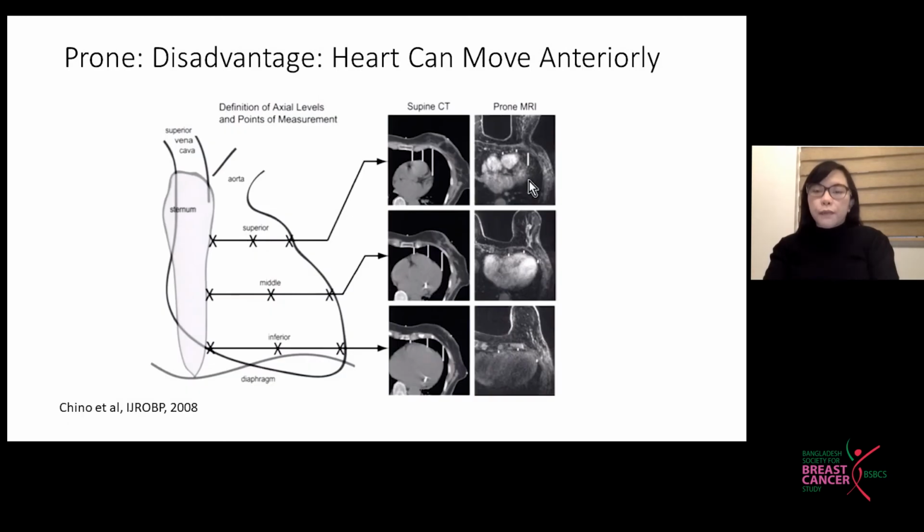And as mentioned, in select women, the heart can actually move anteriorly. This is a supine CT scan, which shows that the heart is not up against the chest wall for this particular patient, but when she was positioned prone, her chest actually falls forward. So there are patients for whom prone is not the right positioning.